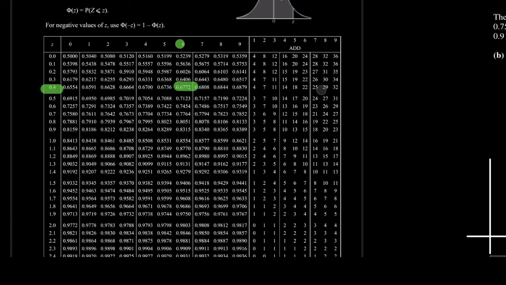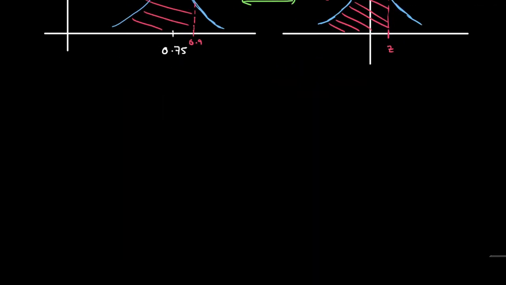If we add 25 at the end, we end up with 0.6797. But if we add 29, we end up with 0.6801. So that's closer. We want to get as close as we can. So our value of Z is 0.468.